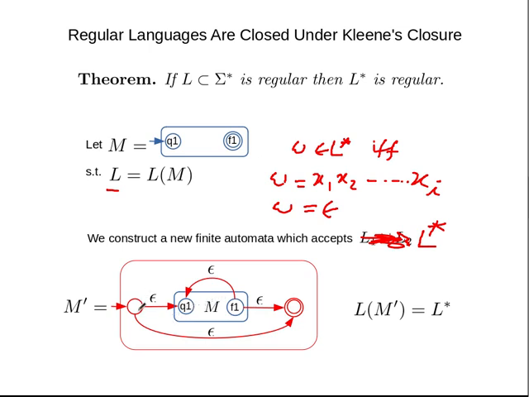Otherwise, what can happen if you do not take this route? Then you have to take this route. So then from here, the only way forward is again through this machine, right? So if you reach here, that means you have already processed some x1, where this x1 is coming from L, right?